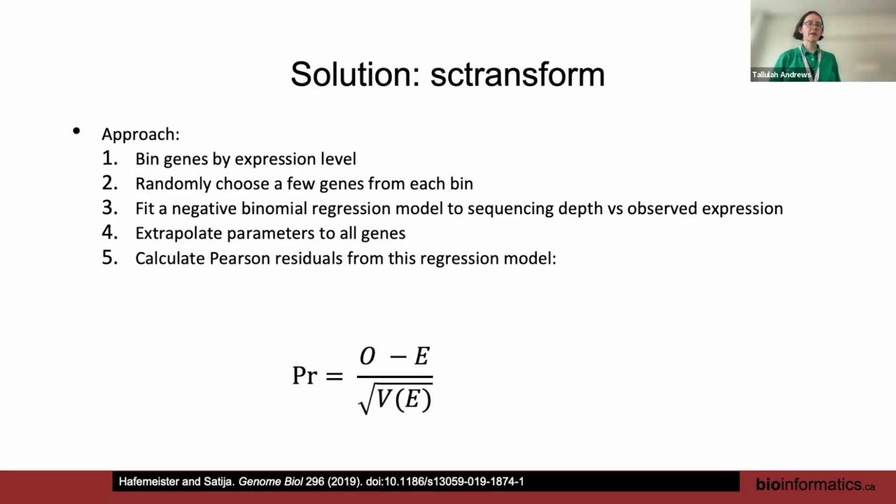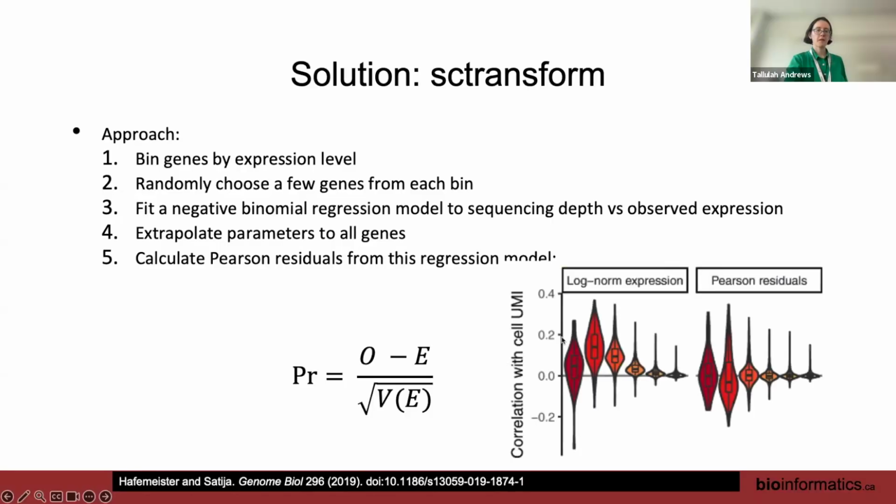Specifically, it calculates the Pearson residuals, calculated like this: our observed counts minus the expected counts given the sequencing depth of that cell, divided by the square root of the variance. If we do that, you can see here are our slopes from before, where with log normalization they're not centered at 0.